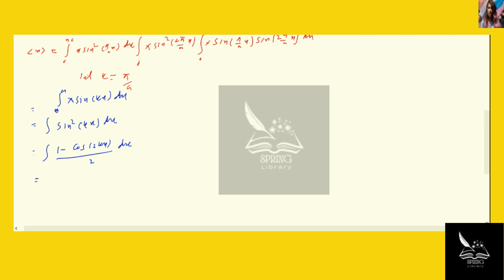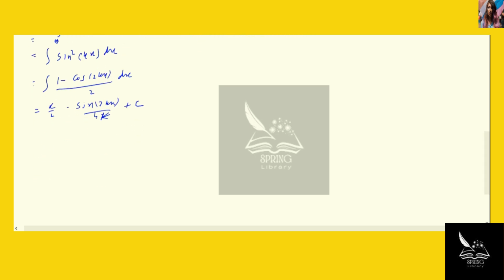So this becomes x out of 2 minus sin 2kx out of 4k plus c.